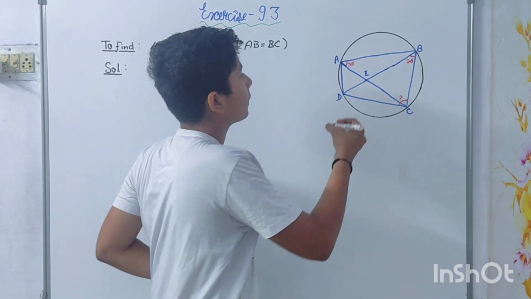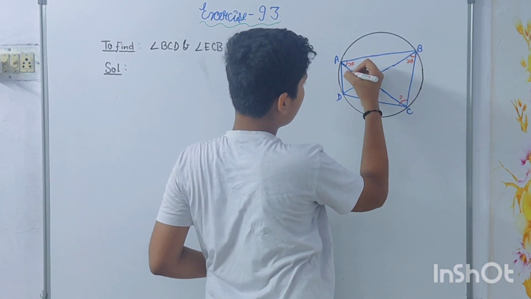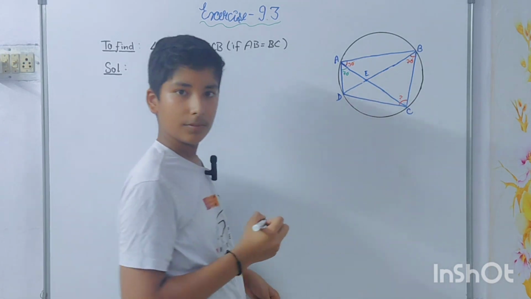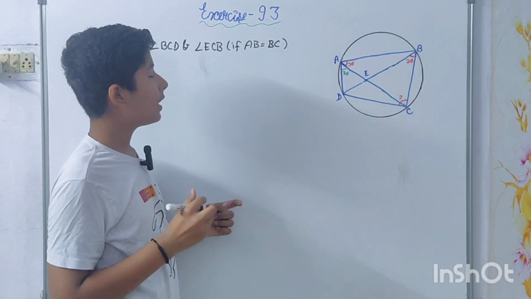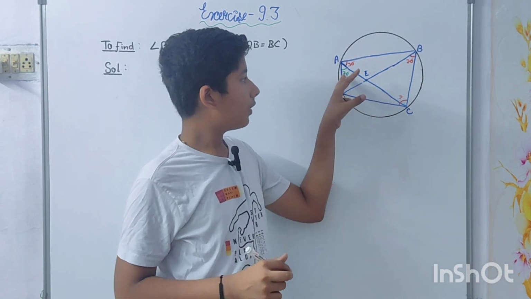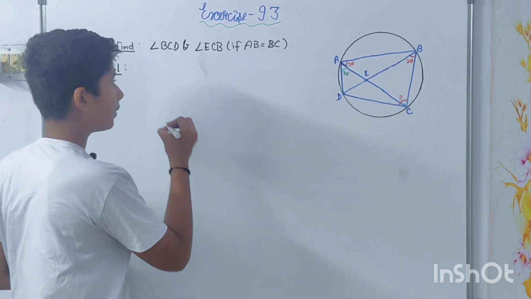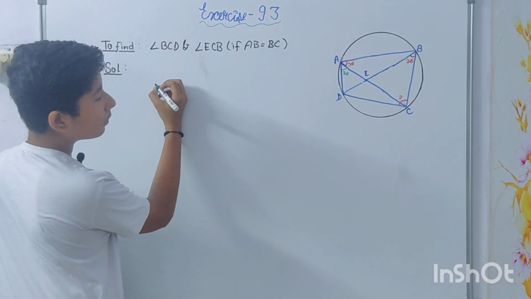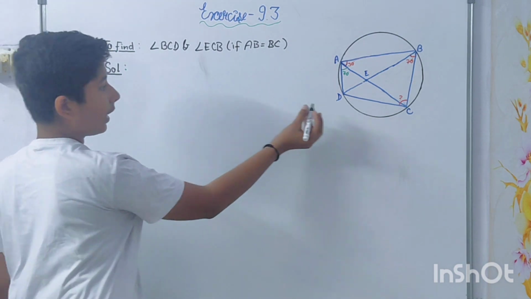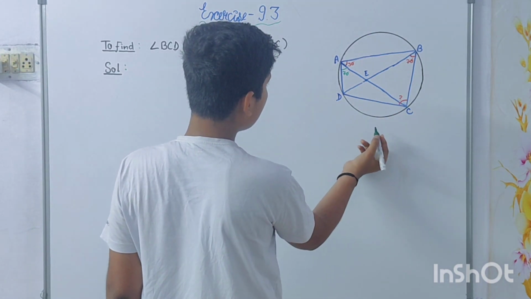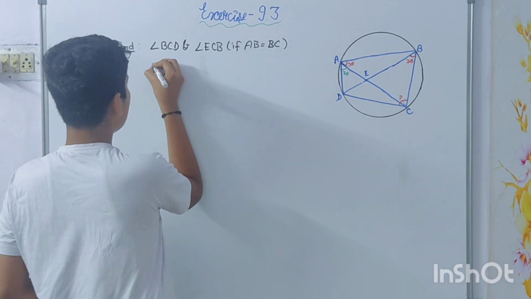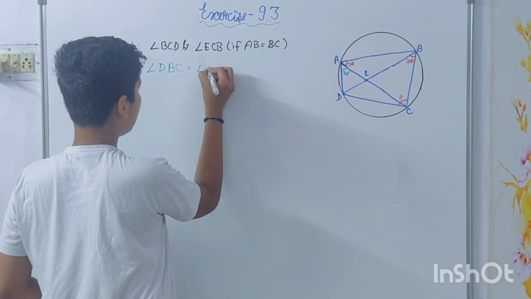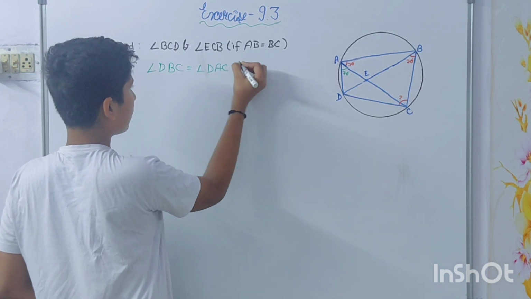First of all, this angle would be equal to this angle, 70 degrees. Why? This is because of angles in the same segment. Angle DBC equals angle DAC.